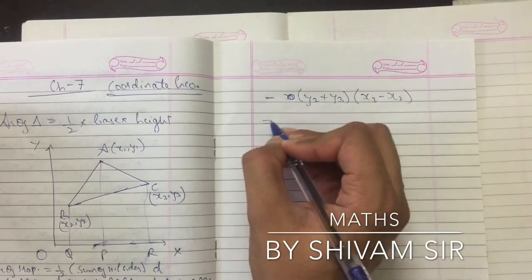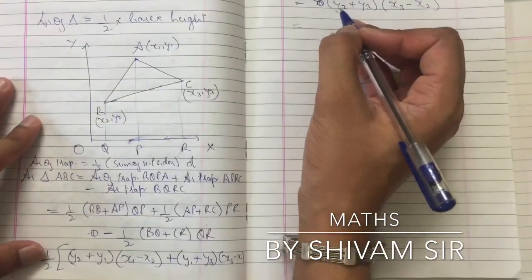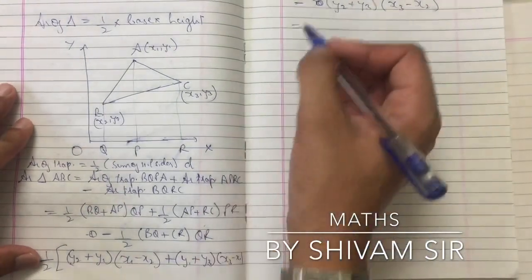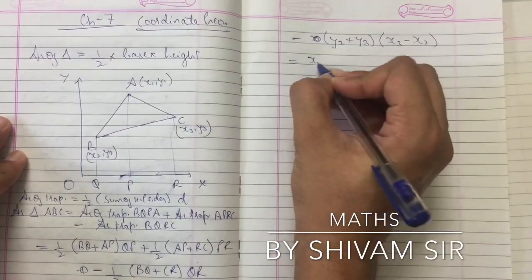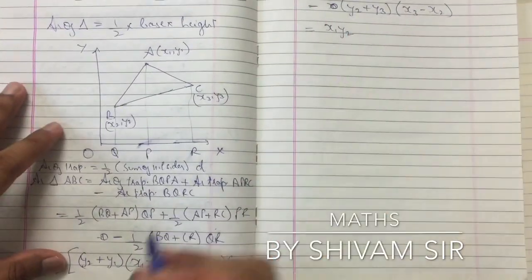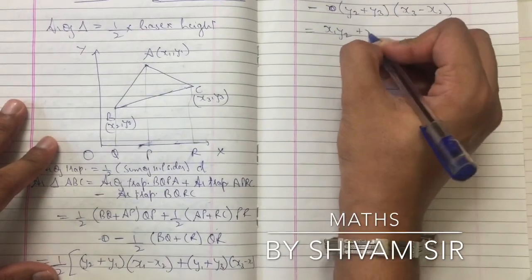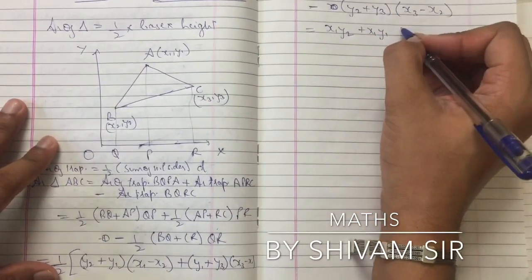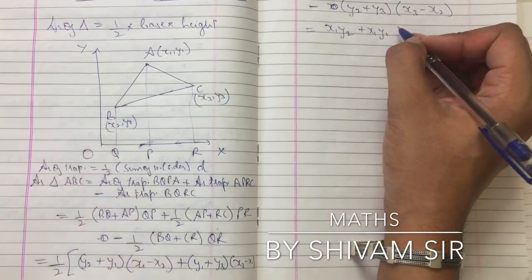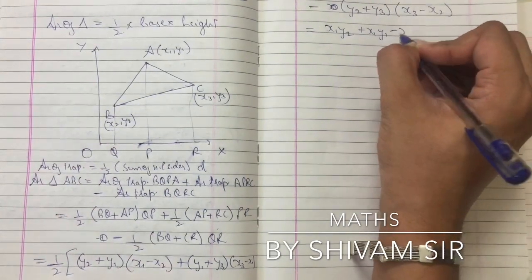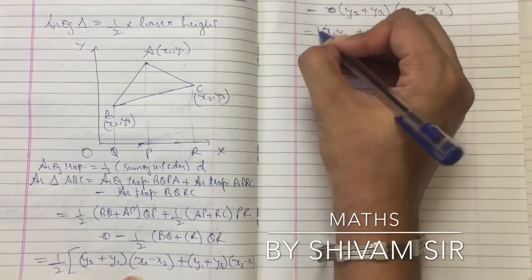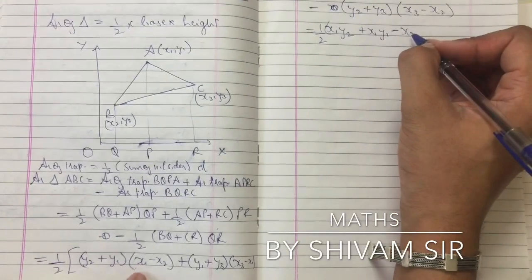So let's now simplify. On simplification, x1 multiplied by y2 is x1 y2. x1 multiplied by y1 is x1 y1. Now x2 multiplied by y1, so minus x2 y1, here we have half outside.